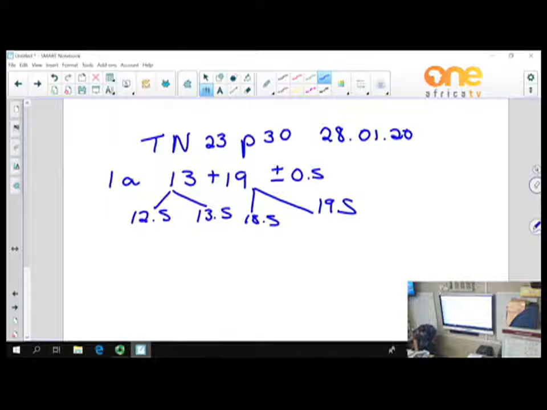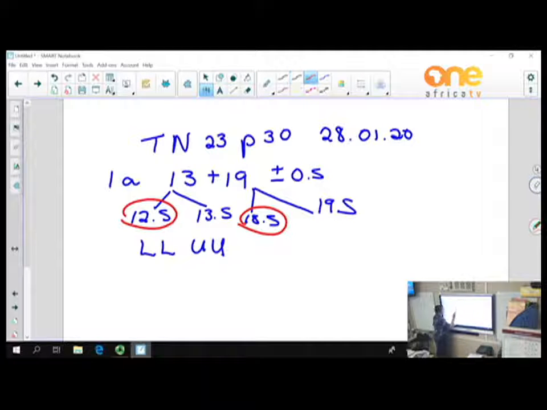And the question is, give the upper and lower bounds. So what am I going to do now? Lower, lower, upper, upper. So lower, lower is these 2, and upper, upper is these 2. It's addition. What are the two answers? 31 is less than or equal to x, which is less than 33.